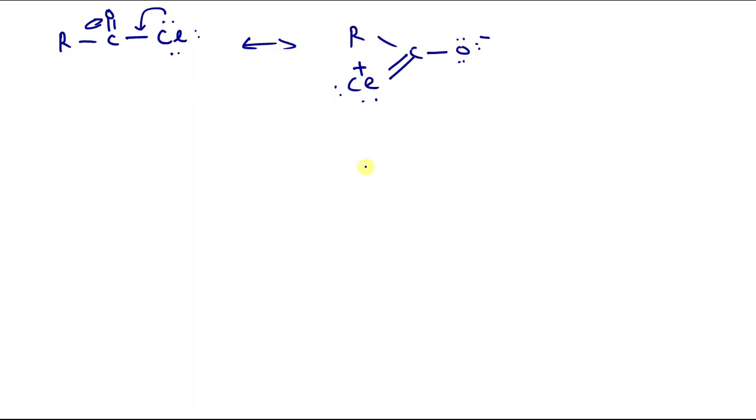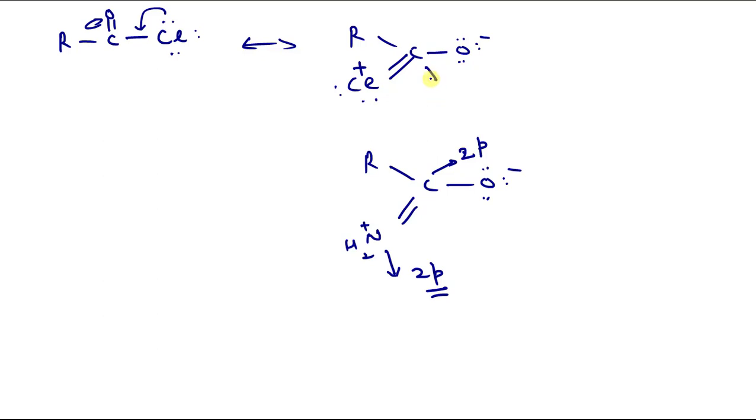Now let us compare it with amides. Let us take any case of amide, RCO negative double bond NH2 positive. Now this carbon has 2p orbital, nitrogen also has 2p orbital, whereas this chlorine has a 3p orbital.